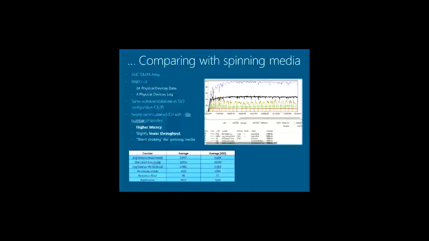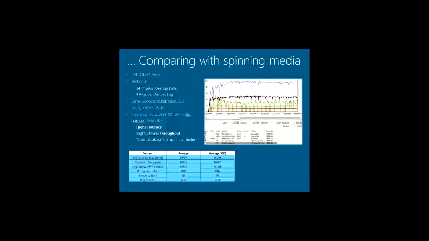Again, we're short-stroking the spinning media. Short-stroking means that you are formatting the drive to use only a small portion of the physical capacity, and typically that's going to be the outer tracks within the physical platter, and that means that the disk head is only moving through a much smaller arc, so it's much faster to seek between pieces of data.